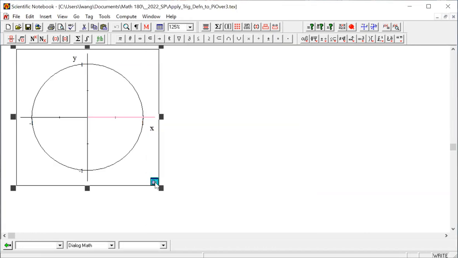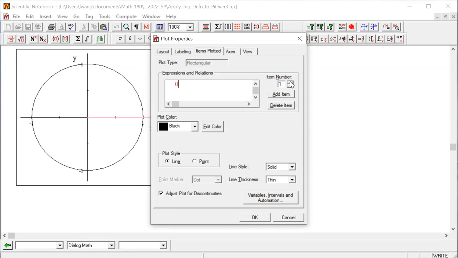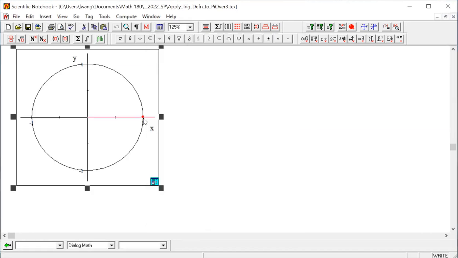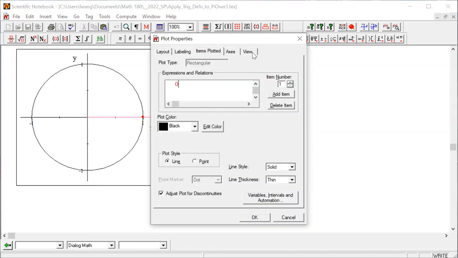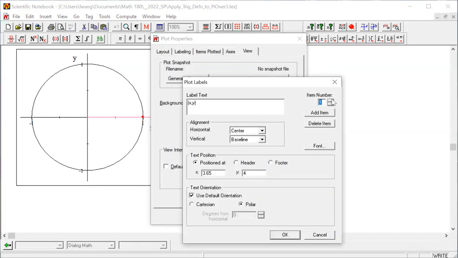Whoops. How come it doesn't show the red dot? Oh, I didn't click the point. Okay, that's the point. And this point is 1, 0.